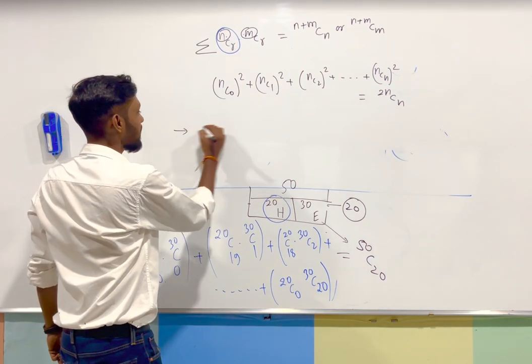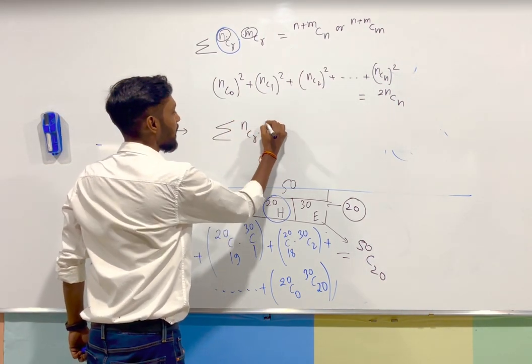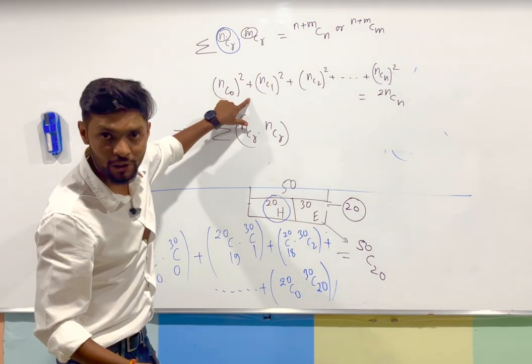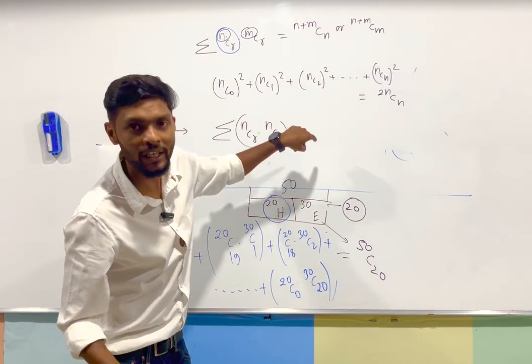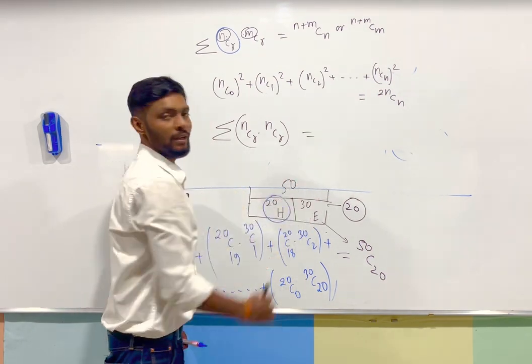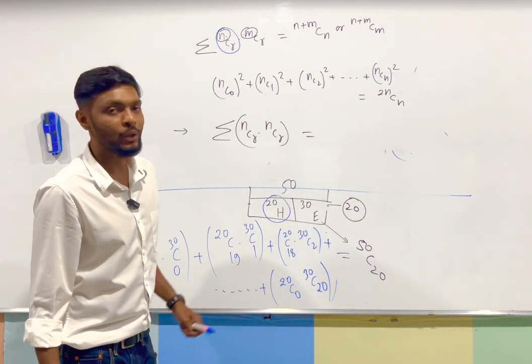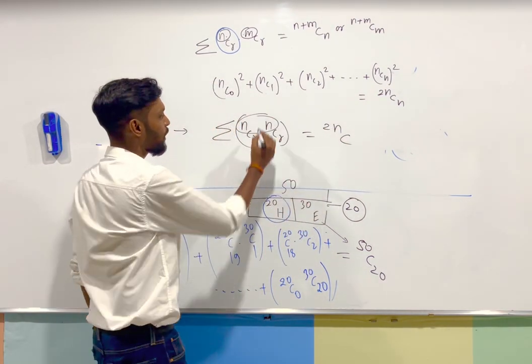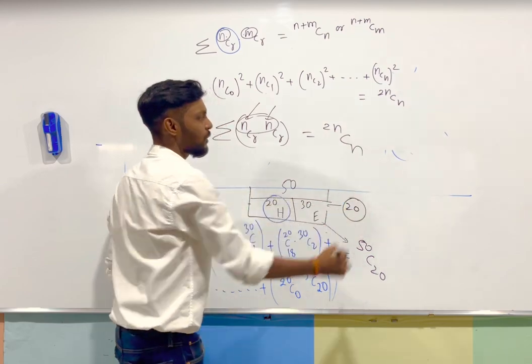Why? Because it is nothing but NCR into NCR. NC0 square is NC0 into NC0, NC1 square is NC1 into NC1. So this is nothing but this, and to know its value you have to just add them up, that is 2NCN.